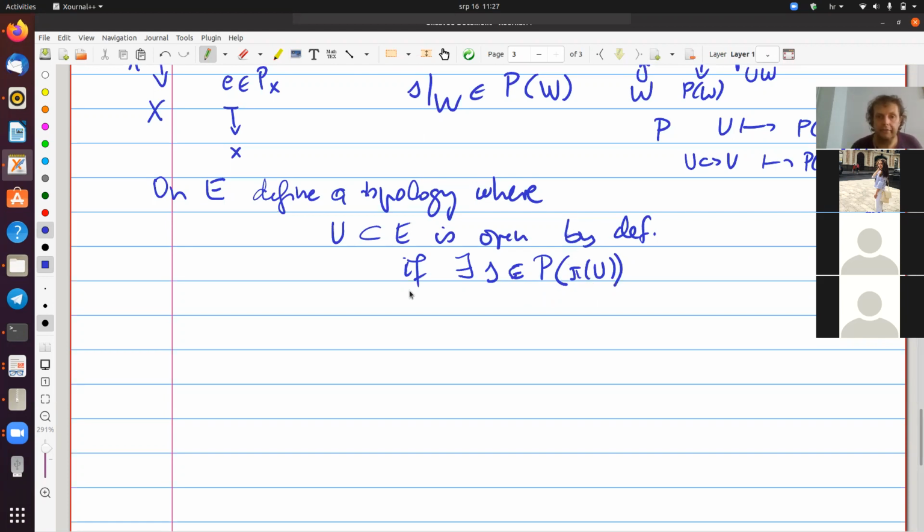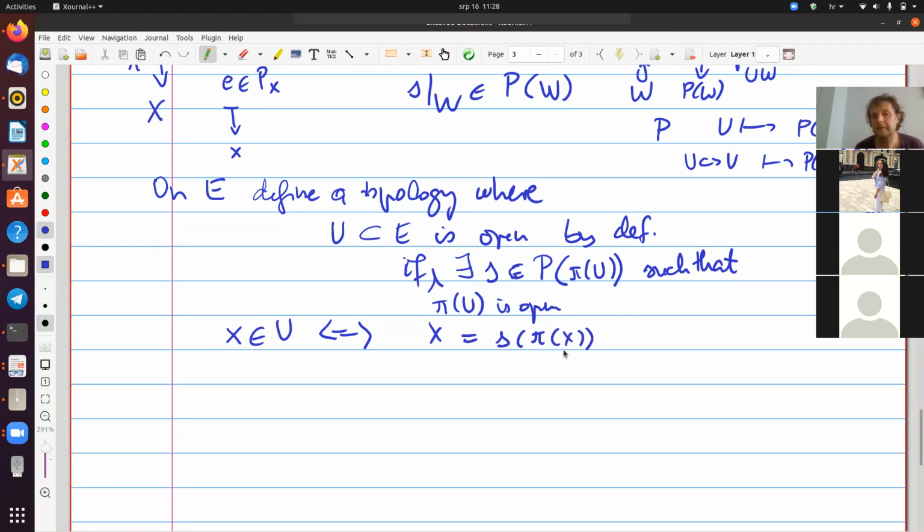If pi of U is open, and there exists S in P of pi of U, such that X is in U if and only if X equals S of pi of X. Okay, so this is exactly the image of a section over its projection.